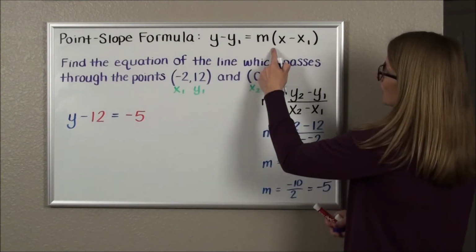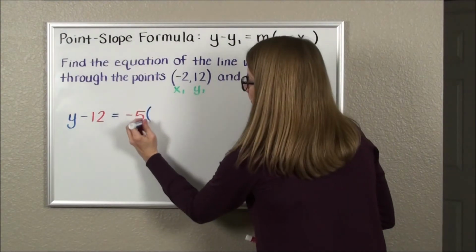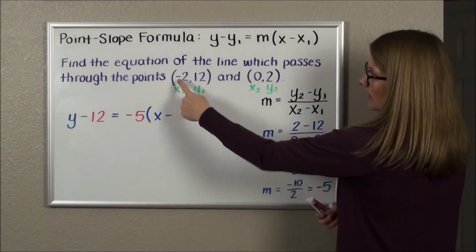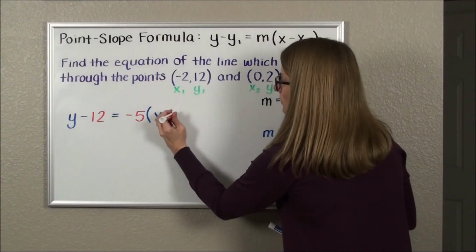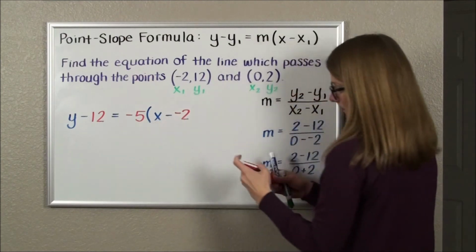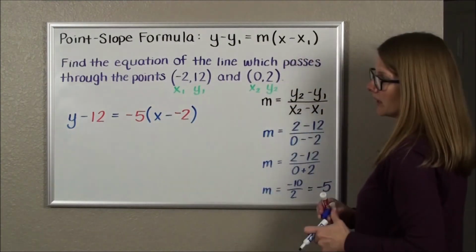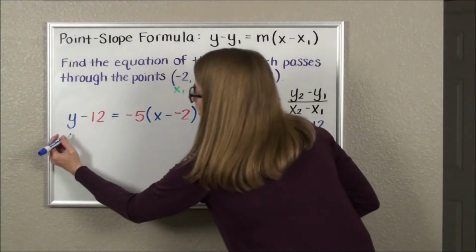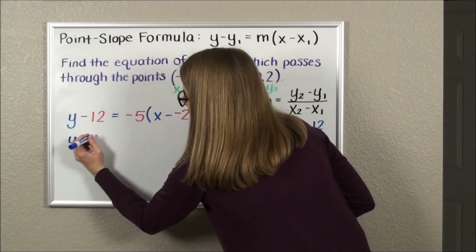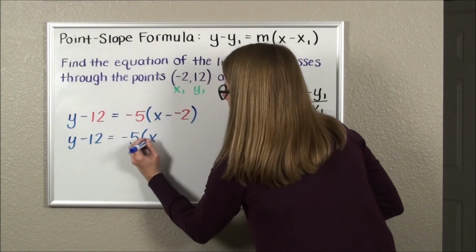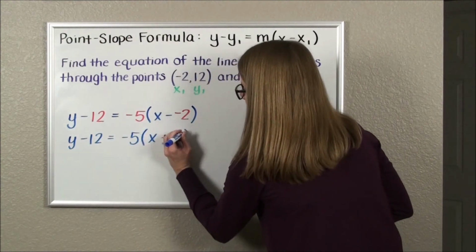And then I need parentheses x minus, and then where I see the x sub 1, that I labeled for my negative 2. Remember, when you have a minus negative, be really careful there. So let's clean up that minus negative. I've got y minus 12 on the left equals negative 5, and in parentheses, this is really x plus 2.